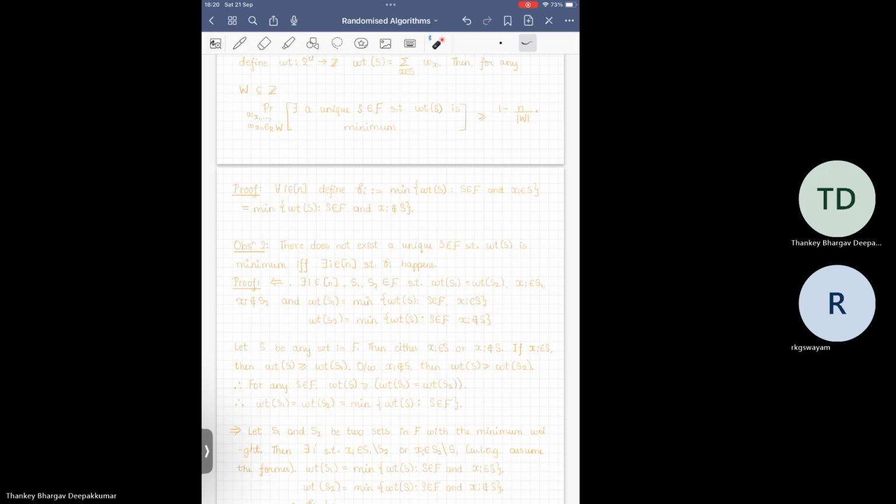So is this fine? Yes. I think we have completed the proof of the isolation lemma, and we have covered all the observations.